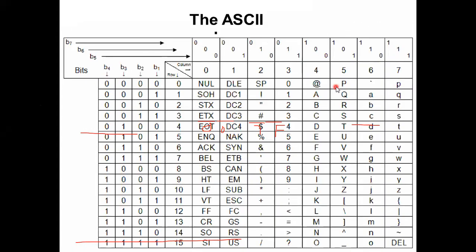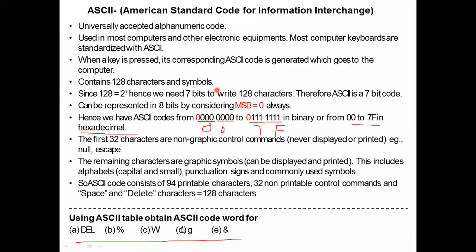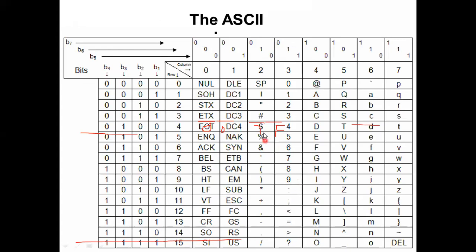Okay, so we have the ASCII table here. DEL means, see here, the first one, DEL, that will be delete. Okay, amma, this will be delete. That means 0, 0, 1, 0, 0, 0, 0. Okay? Suppose you are taking the percentage symbol, see where that will be here.